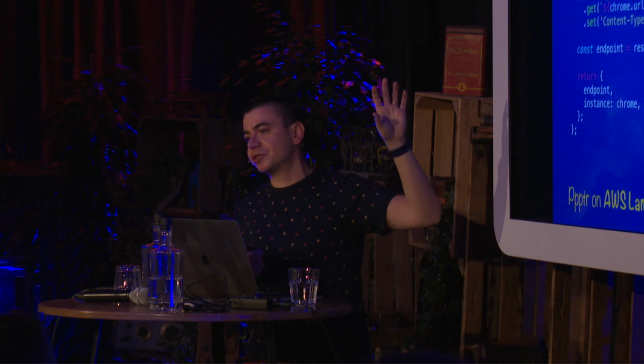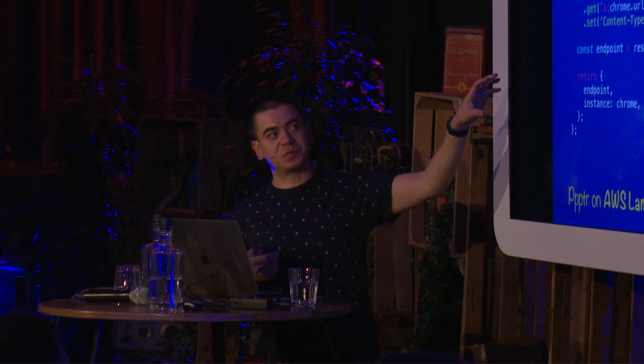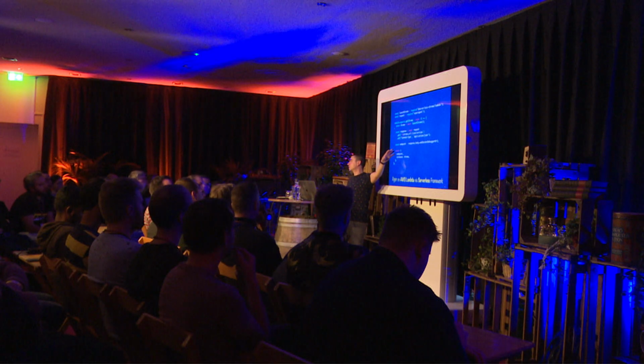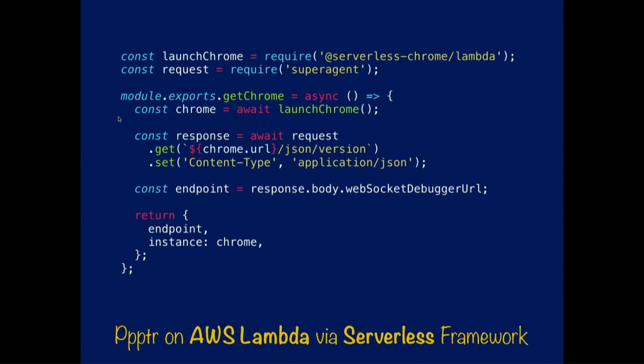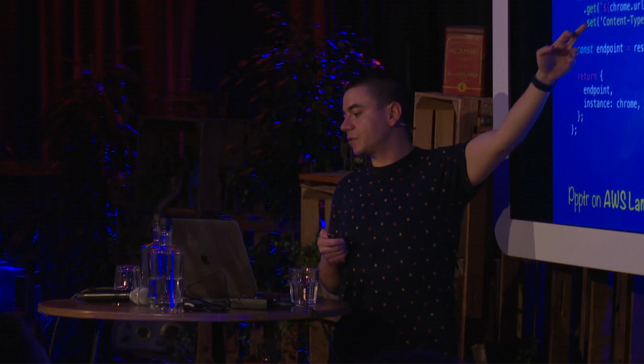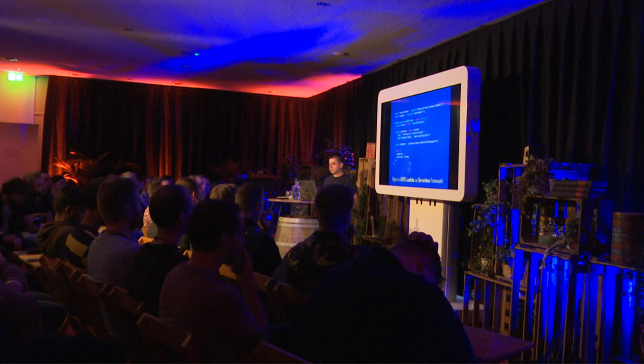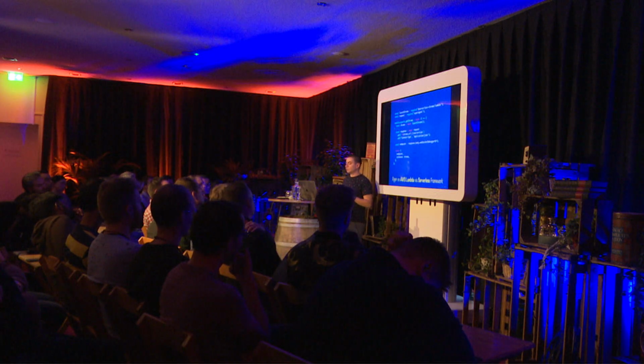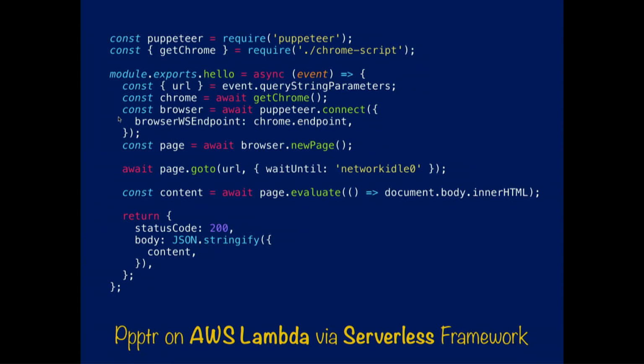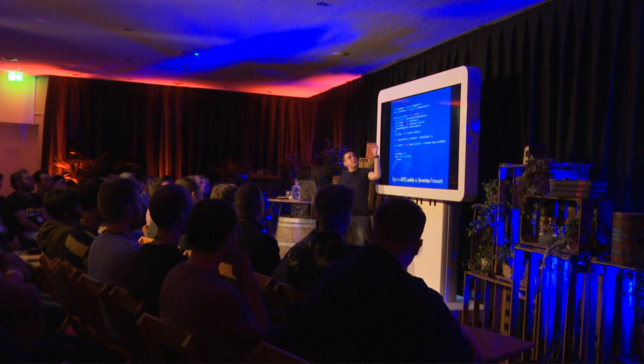So what I mentioned earlier was because of this, because we need the WebSocket debugger URL here. We are dealing with a remote instance, and we need to connect with that remote instance. As in my examples, you get to the API of the browser, and then over the API, you get the WebSocket debugger URL from the body, and you provide that endpoint to your next script, which will be the launch script.